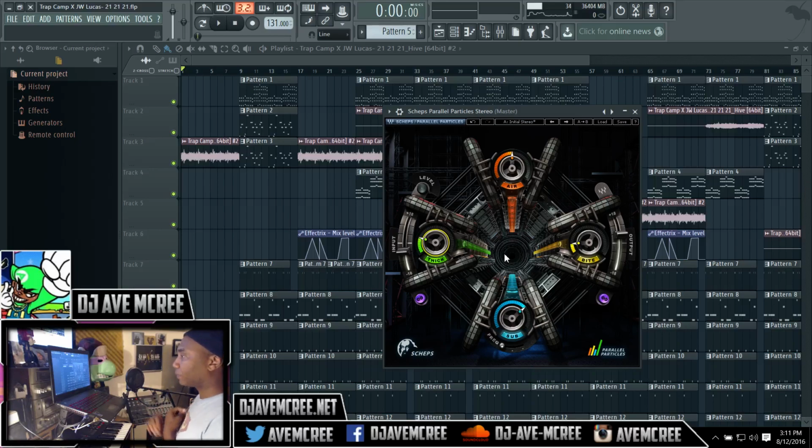Now, the other thing I want to talk about as far as understanding the interface itself is the fact that it has 4 different areas, and the name hints at parallel particles, like parallel EQ, parallel compression of that nature, with certain things worked in its own perspective here.